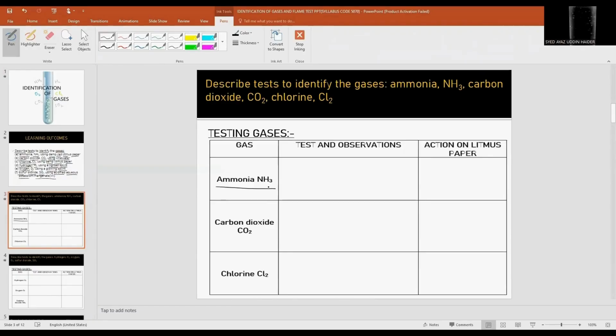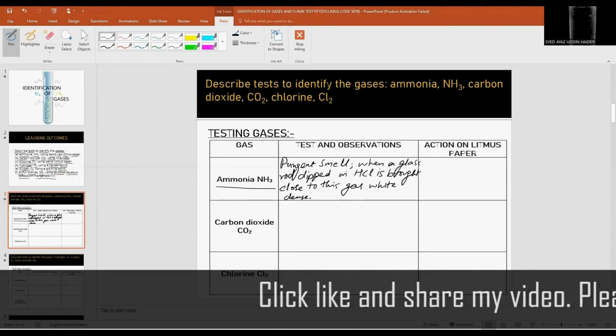The test and observation: it's a pungent smell gas, and when a glass rod dipped in hydrochloric acid is brought close to this gas, white dense fumes will be produced.